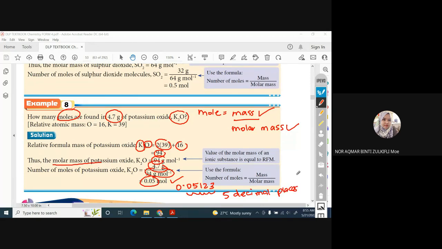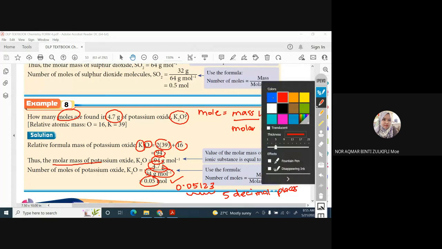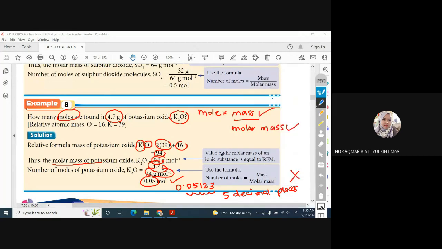Okay, so cikgu tak mau ini. You must convert into 2 decimal place only. So you take the nearest one. Okay, 0.05. Okay, 2 decimal place.